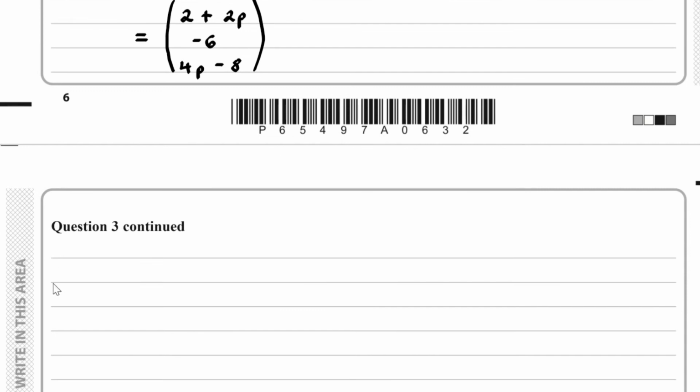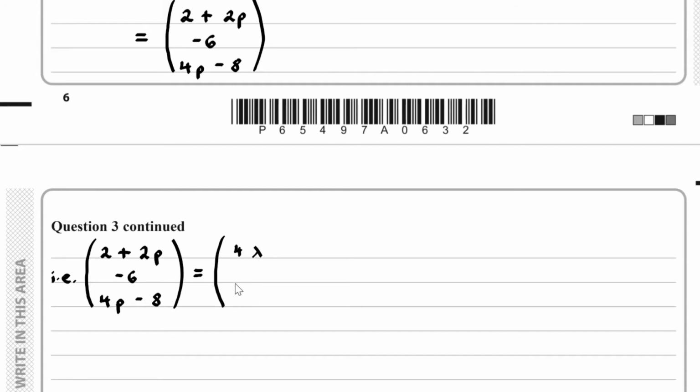And so if that's the case, what we have is 2 plus 2p, minus 6, 4p minus 8 equaling 4 lambda, minus p lambda, 2 lambda.